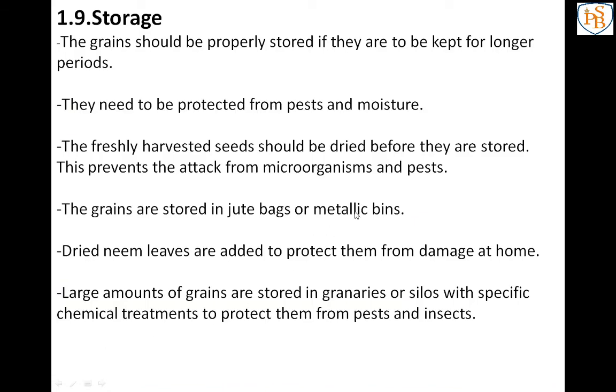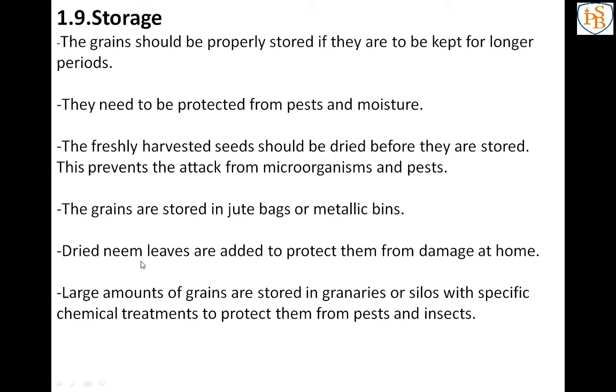Maybe in our home many metal bins are there, where our mother keeps all the grains. Whatever bins or bags are there, you should keep them in a dry place. Don't keep them in a wet place.